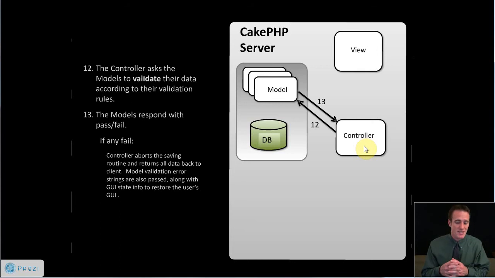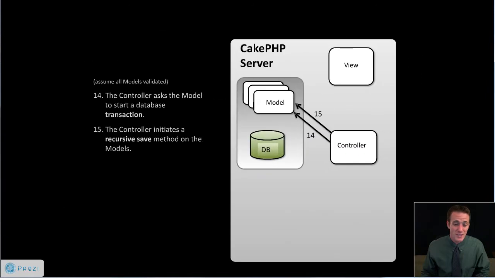If it didn't validate, that's what you need to do. In this case, I think we're going to assume that everything validated. Okay, so my controller says, oh, everything validated? Okay, then I'm going to want to save, but because I've got all of these tables and something could go wrong, I need to start a transaction first, and then we're going to go down all the saves.